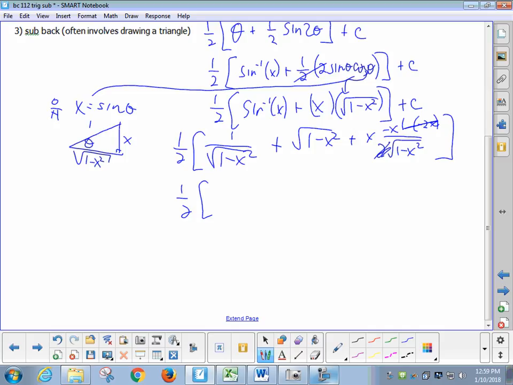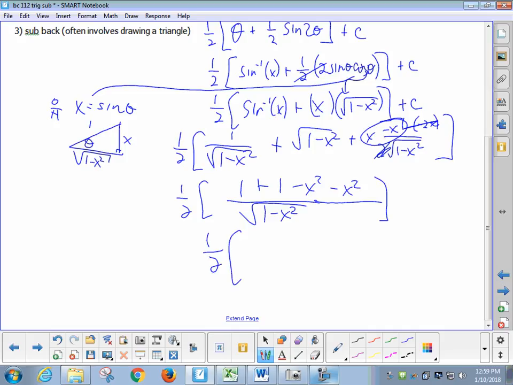The common denominator is root 1 minus x squared. This is 1 plus 1 minus x squared, and this is negative x squared. So 1/2 times 2 minus 2x squared over root 1 minus x squared.